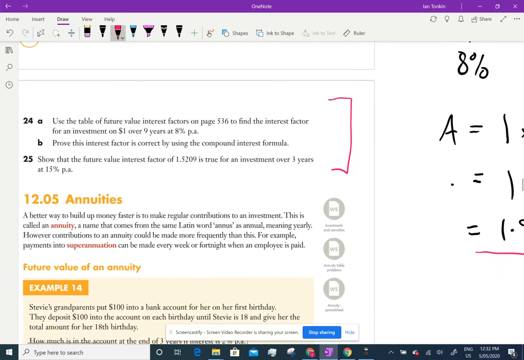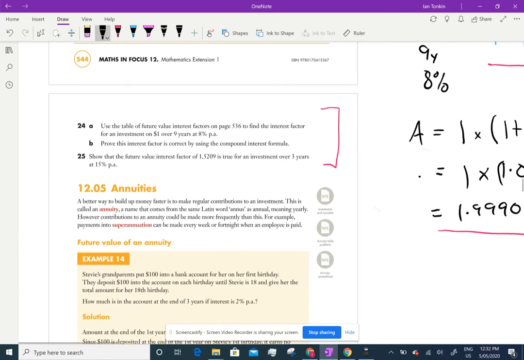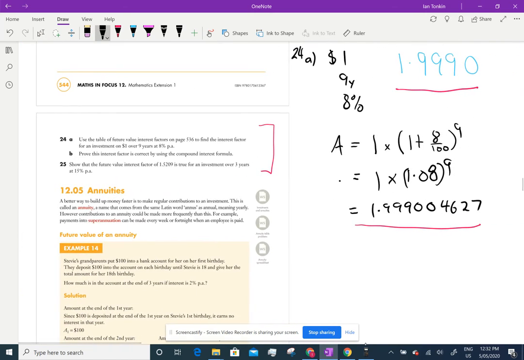So when they do question 25, you're doing the same thing. 3 years at 15%. Future value is 3 years at 15%. Now, they don't tell you what dollar amount to make it, but you just make it for $1. So for 25, $1, 3 years, 15%.